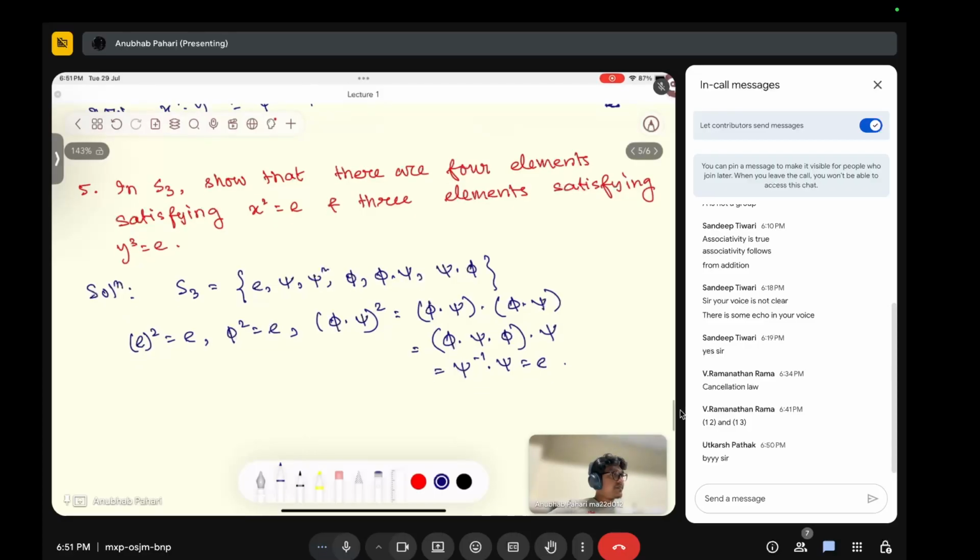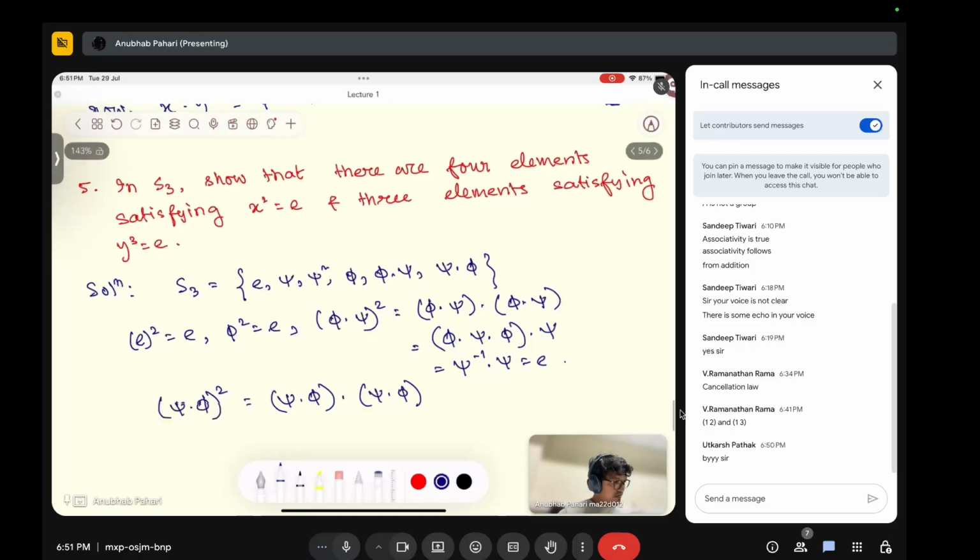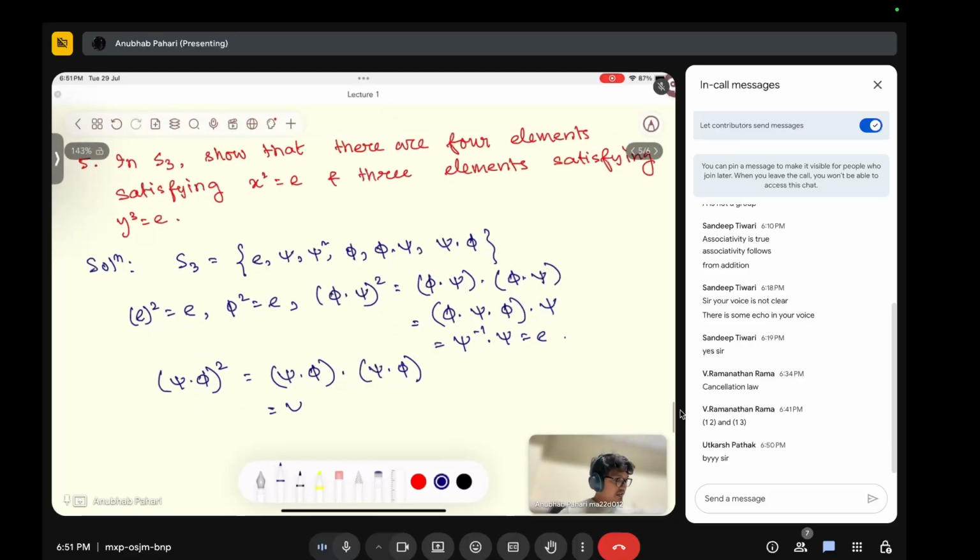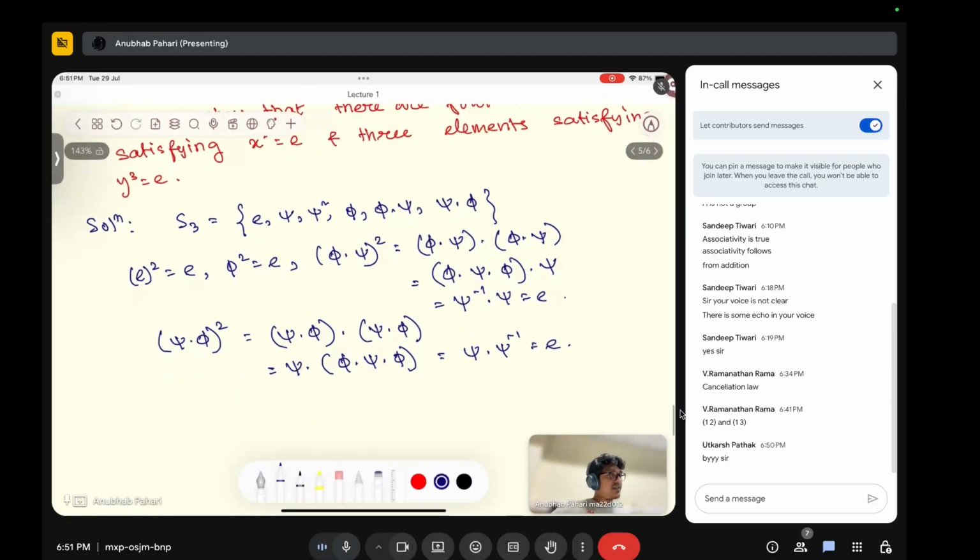And for psi dot phi square, it should be psi dot phi dot psi dot phi. So again, we just take phi dot psi dot phi, psi psi inverse to E. So there are four elements, right?